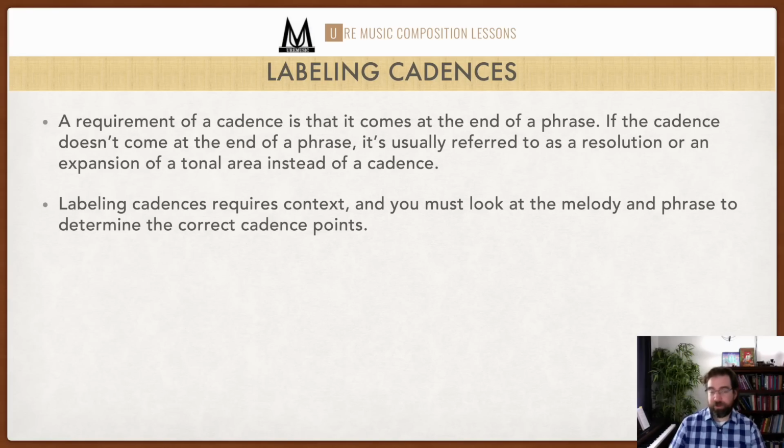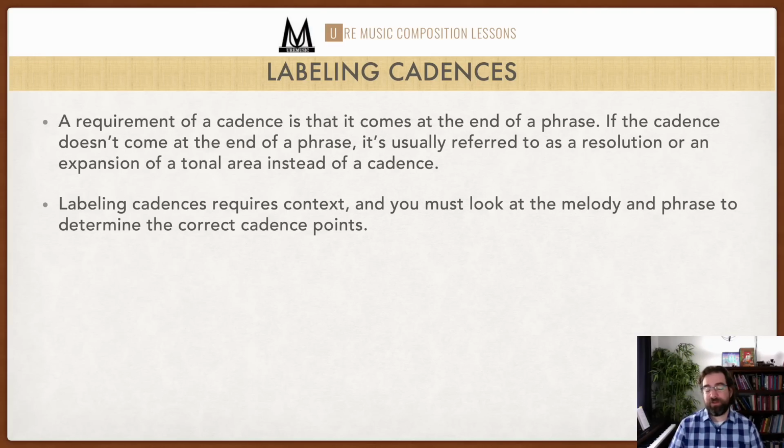You can't just simply go through and complete a harmonic analysis. You also have to look at what's going on in the melody. So you have to take the phrase into account, you have to take into account what the piece sounds like, and there's a lot of factors that go into play besides just the harmonic analysis. 9 times out of 10, with a classical period piece by a famous composer, the most popular ones like Mozart, Haydn, even Beethoven, they are going to use fairly straightforward chord progressions that will indicate the end of a phrase.